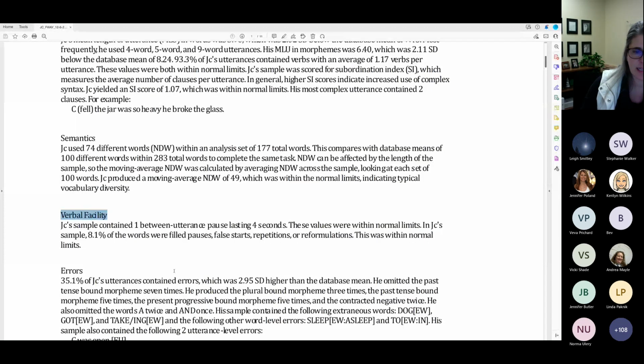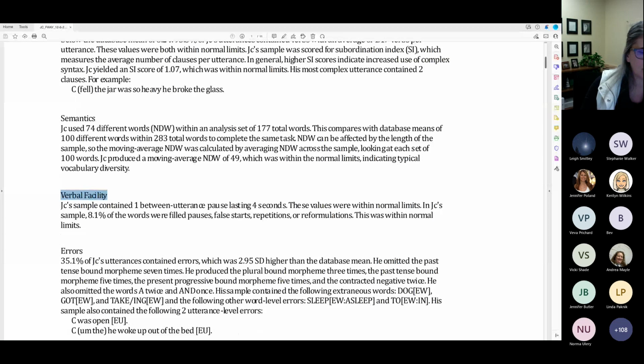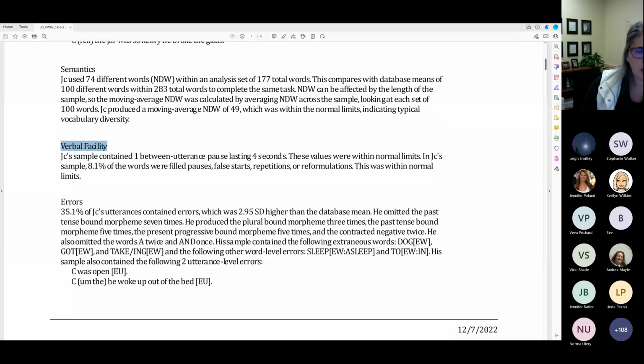Filler words, things like that. Because this is an area where we can see some kids struggle. And then they help you to interpret the errors. So this gets written out differently depending on if it's an area of concern with that client or it's not. So this is a report that will change depending on the sample that's submitted and analyzed.